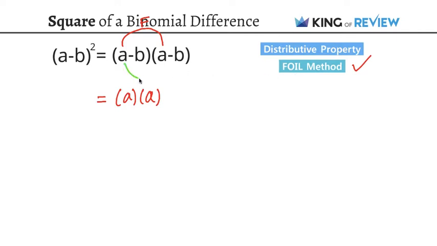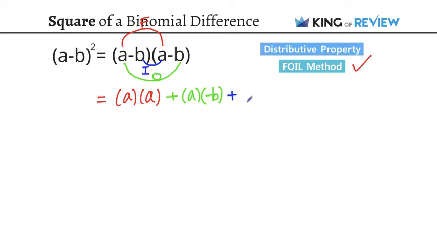So this is outer terms, right? So plus a times negative b, right? And then I, that is inner terms, right? This is inner terms, right?